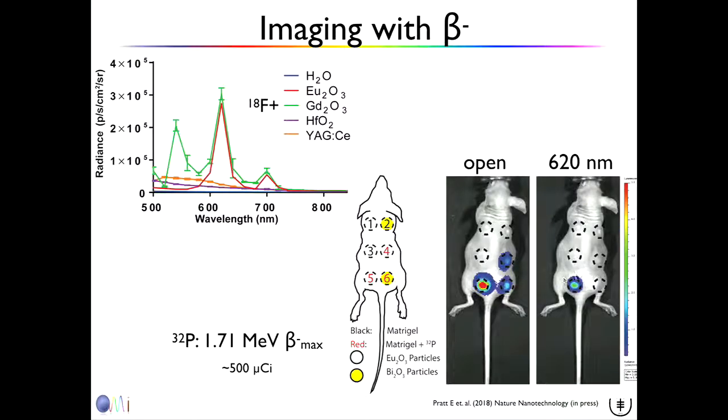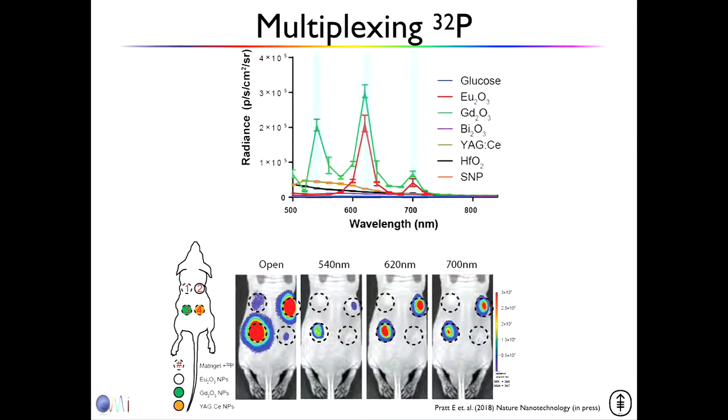So we can spectrally resolve it, and we can go so far that we can do multiplexing, looking at the various peaks. Unfortunately, we don't have one peak where we have the europium alone and no gadolinium, for example. But if you look at the different wavelengths, you can sort it out. So this is open. You look at everything, Cherenkov plus luminescence. Here's the 620 again. You can isolate this one.